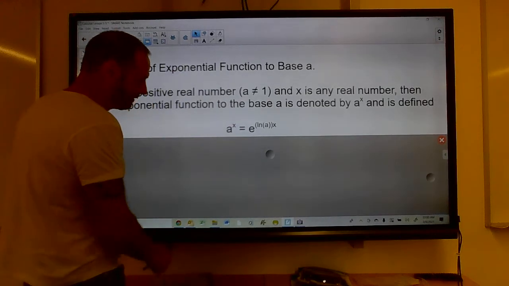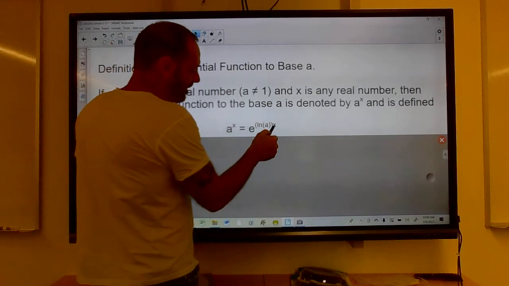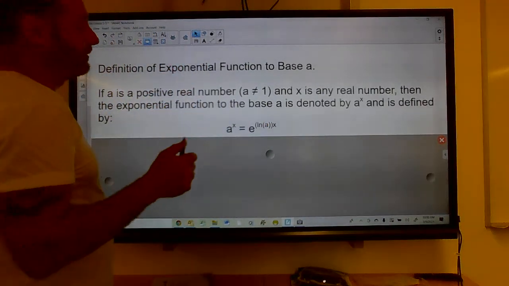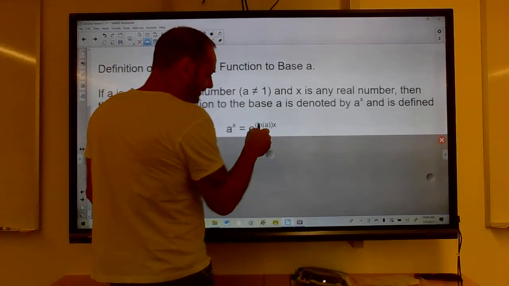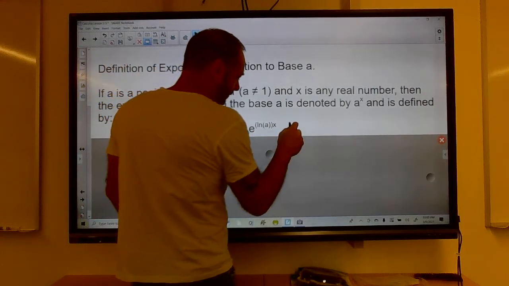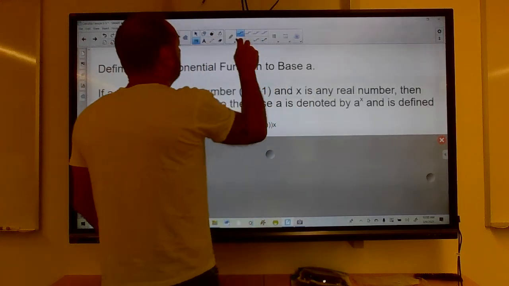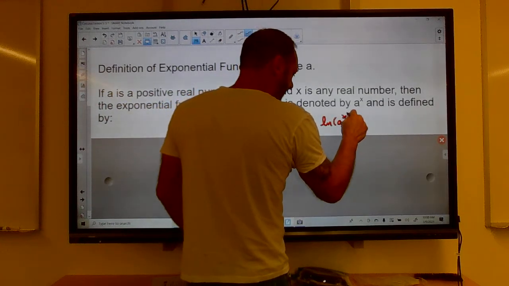If you think about it, using the properties of natural logs, x times the natural log of a really means the natural log of a to the x power.